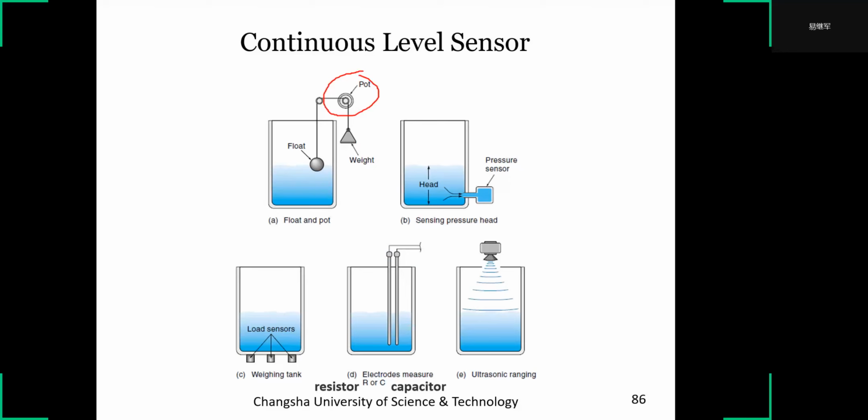This one is sensing pressure head. When the level changes, the pressure sensor changes its output following the level. When the level is high, the pressure is high.